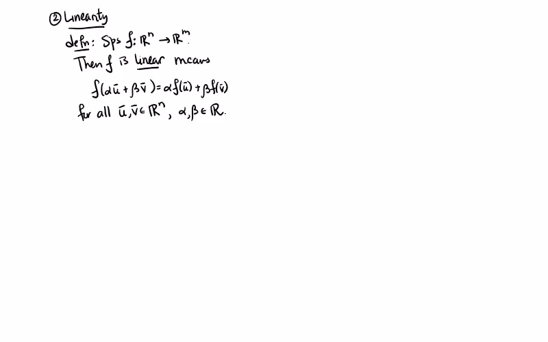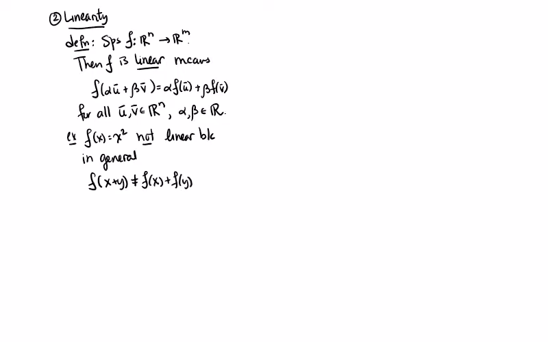Most functions are not linear. For example, f of x equals x squared is not linear, because in general f of x plus y is different than f of x plus f of y. In general, x plus y squared is not the same as x squared plus y squared.